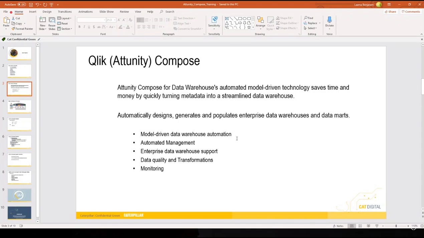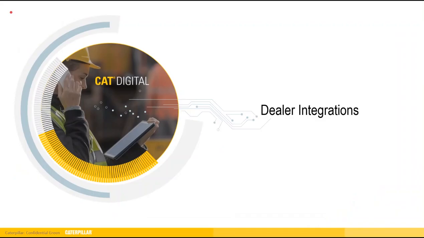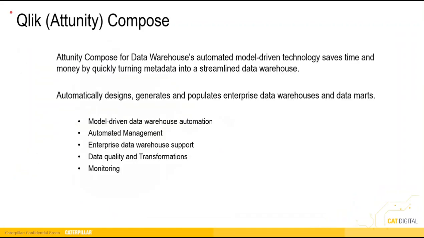In our case we are not using an Erwin data model, but in some other projects they are using Erwin diagrams directly and building from that. You can also do automated management, like schema generation of the data warehouse and data marts based on that Erwin data model. You can create the ETL data integration transformation logic, and implement data quality in the automated management.